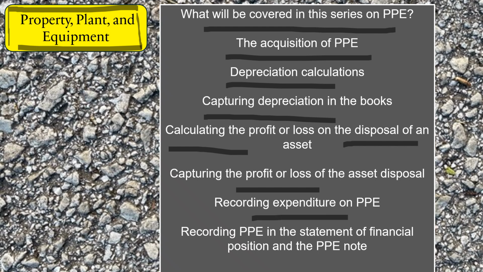We're going to record expenditure on PPE, like the delivery of a non-current asset. We're going to record PPE in the statement of financial position to truly reflect, after depreciation, the value of our non-current assets. And we will also conclude this section with the property, plant and equipment note.